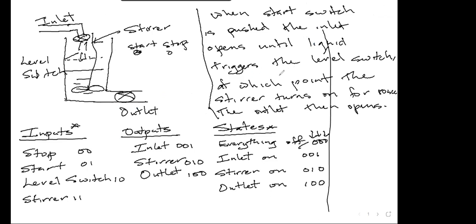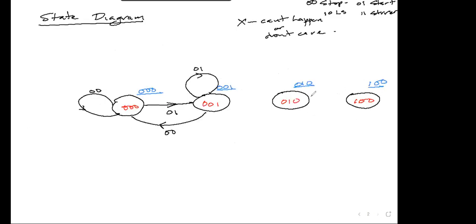It's going to stop and the stirrer is going to start. Right. So it's going to go to the next state. Inlet is running and the stirrer turned on. That's a can't happen state, so I'm leaving it out of the diagram.